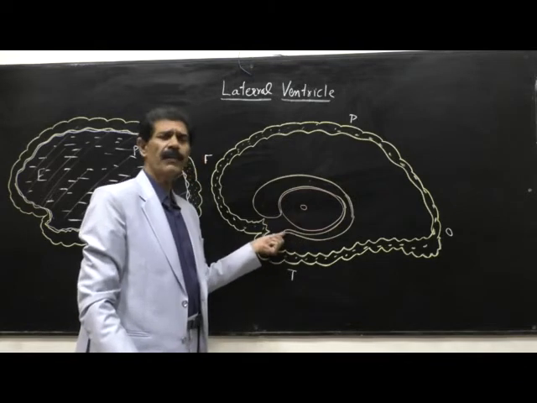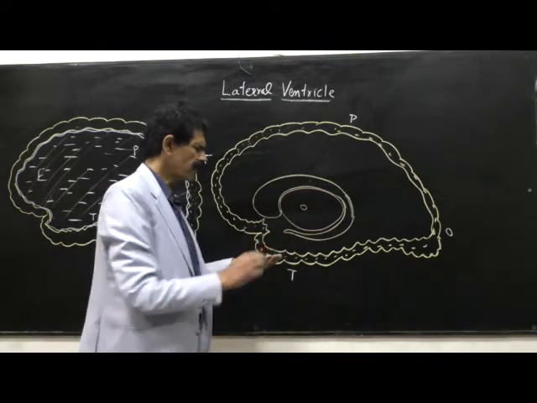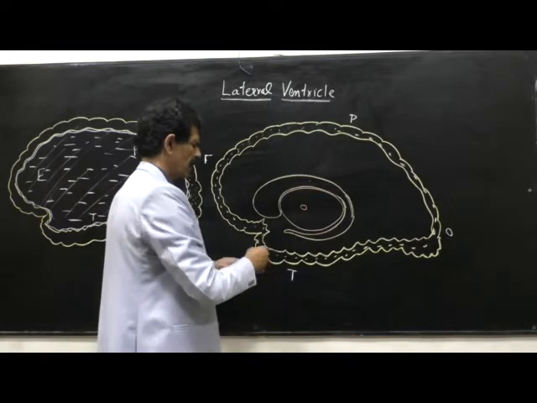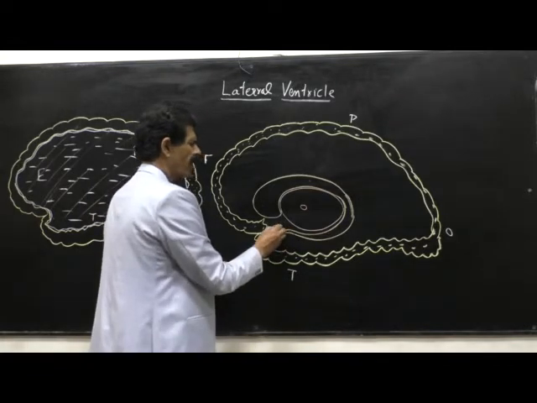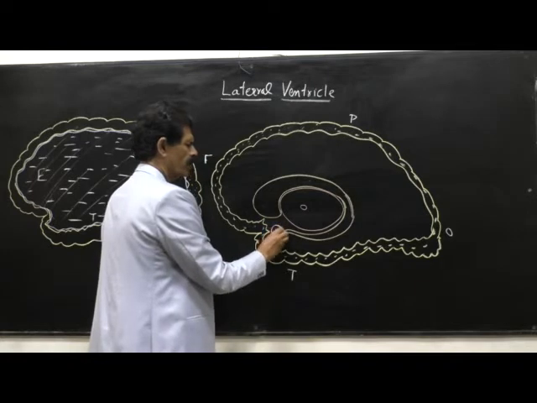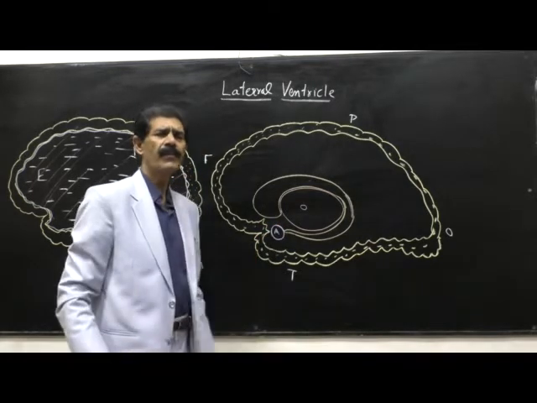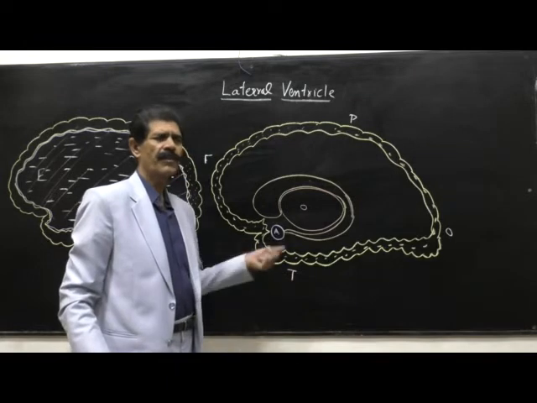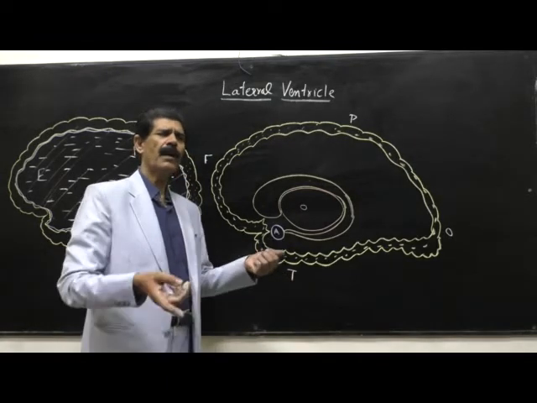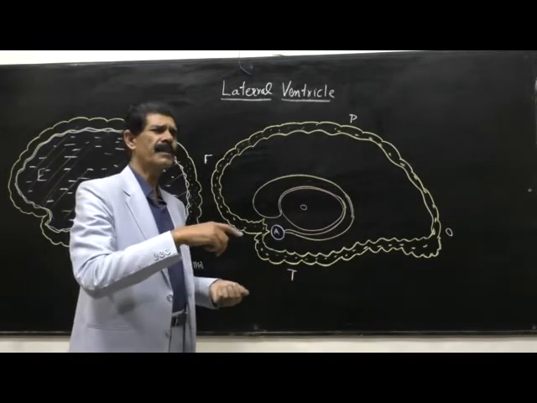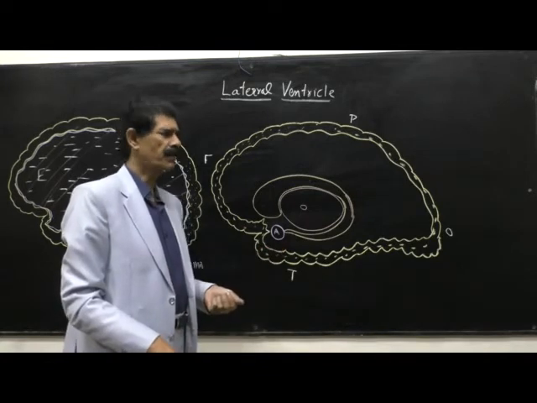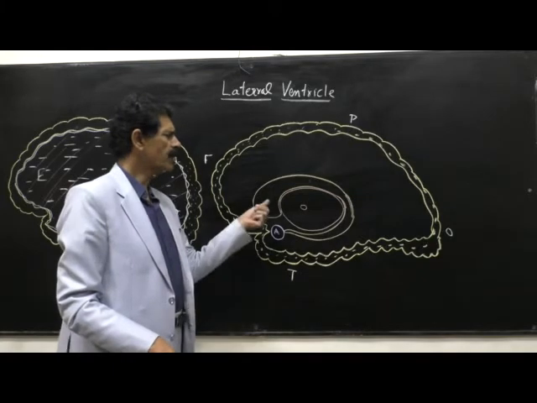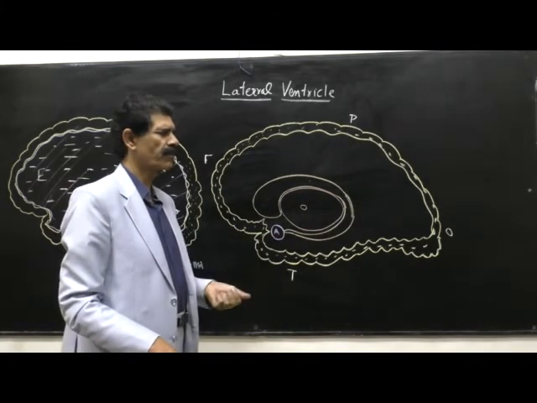And at the tip of the tail of the caudate nucleus lies the amygdaloid nucleus, which we have done also in the basal ganglia. We have covered it. So we again focus on the same diagram as we discussed in the grey matter of the cerebrum. So this is the caudate nucleus and this is the thalamus.